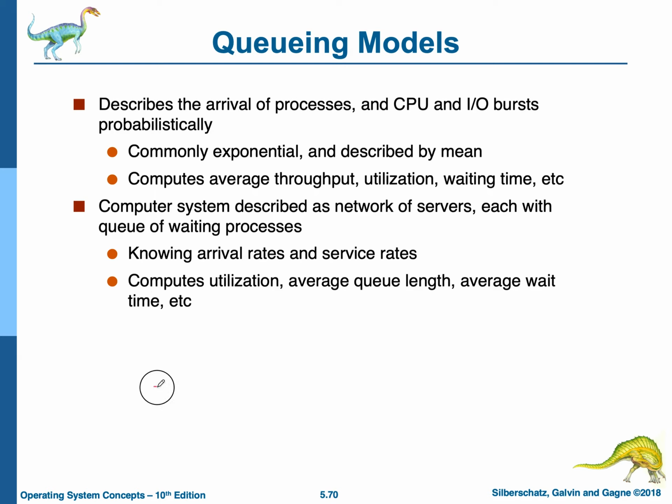In queue modeling, we have a queue and a server, and we have some jobs arriving in this queue. Then a job is dispatched to the CPU.